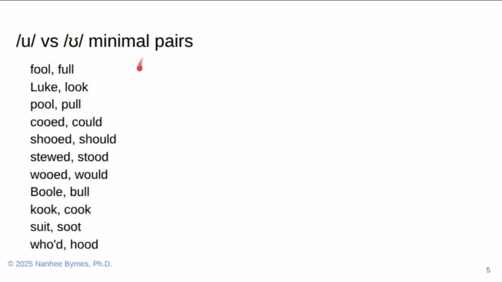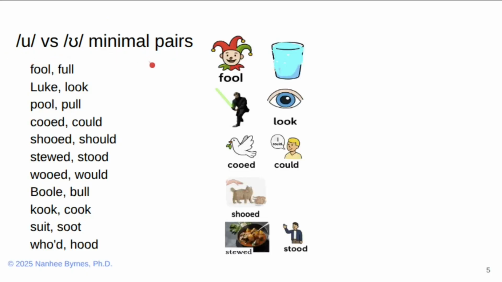These are more minimal pairs of oo and ʊ. Fool, full. Luke, look. Pool, pull. Could, should.